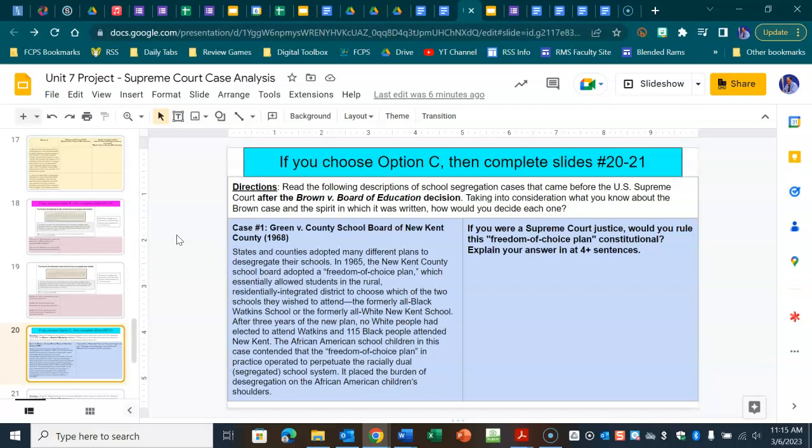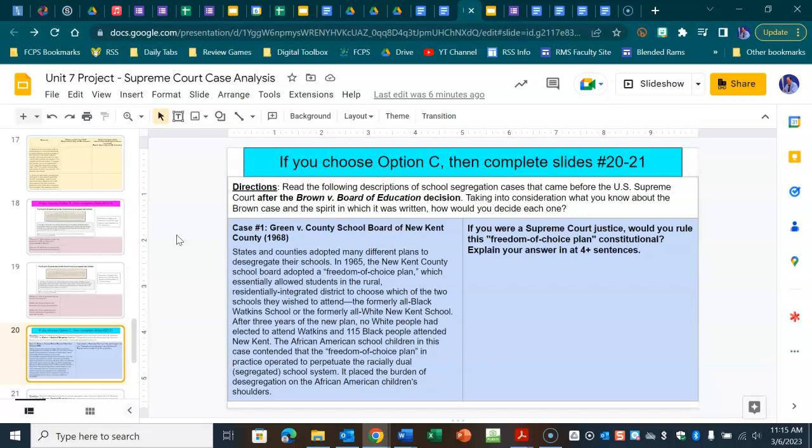Okay? So case number 1 says, states and counties adopted many different plans to desegregate their schools. In 1965, the New Kent County School Board adopted a freedom of choice plan, which essentially allows students in the rural residentially integrated district to choose which of the two schools they wish to attend, the formerly all-black Watkins School or the formerly all-white New Kent School.